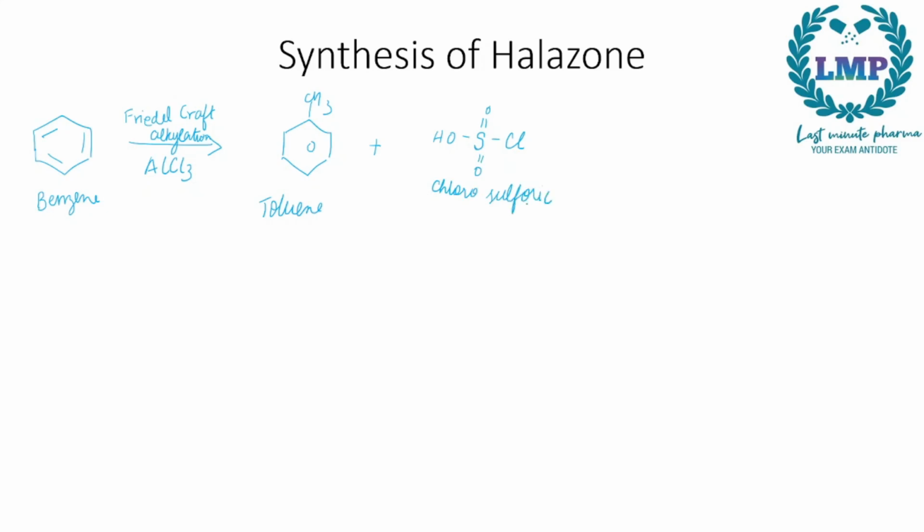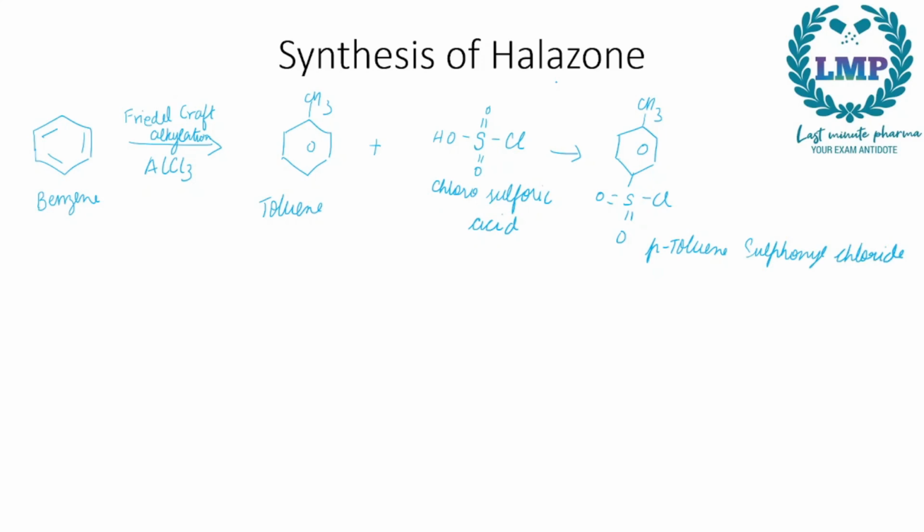On the addition of chlorosulfuric acid, we will get, in the toluene group, we will attach S double bond O and then Cl. This will be named as paratoluene sulfonyl chloride.